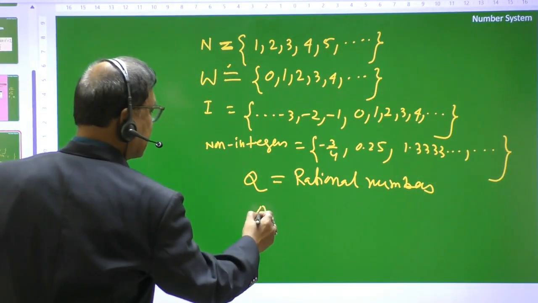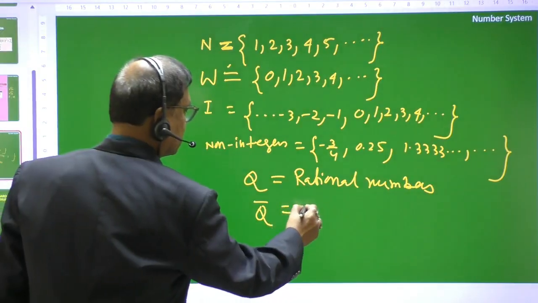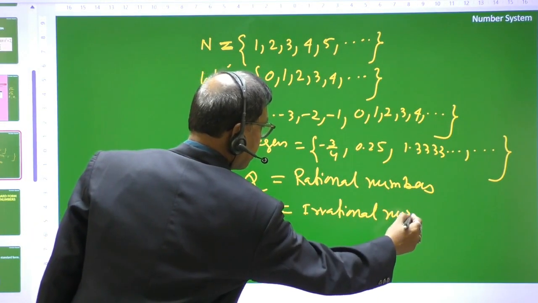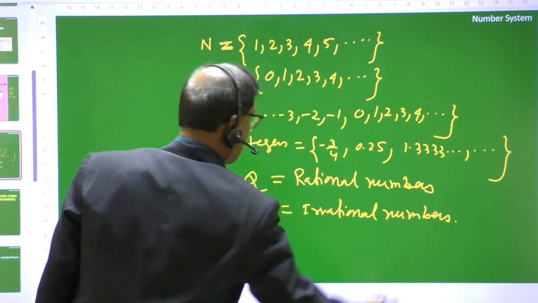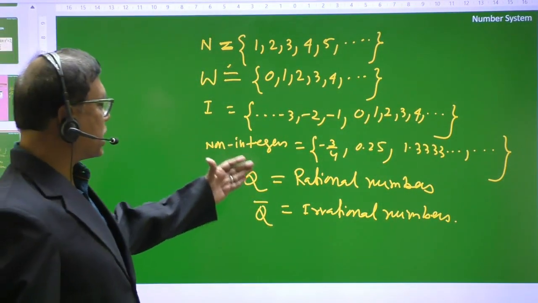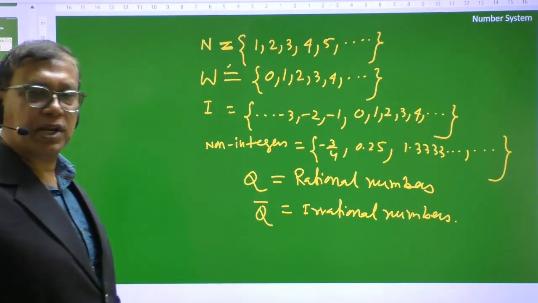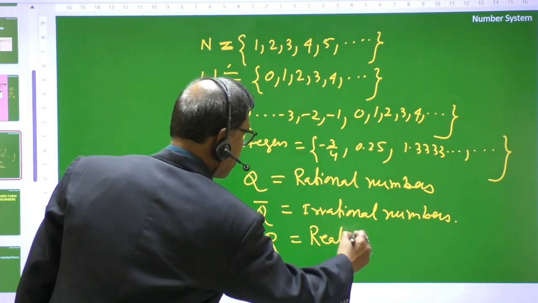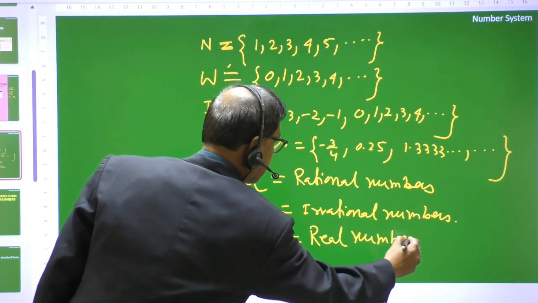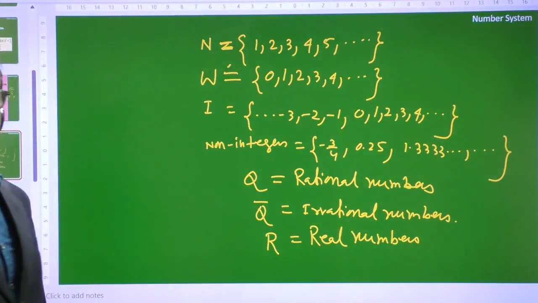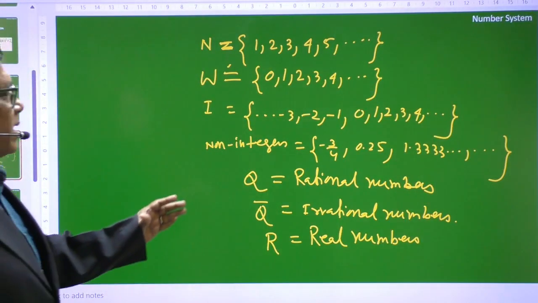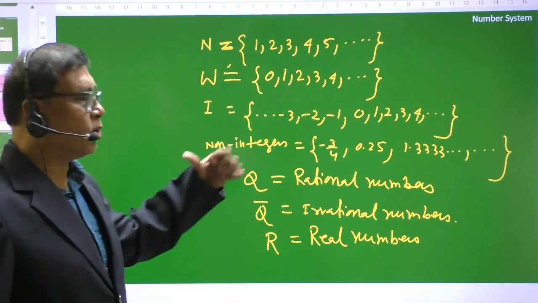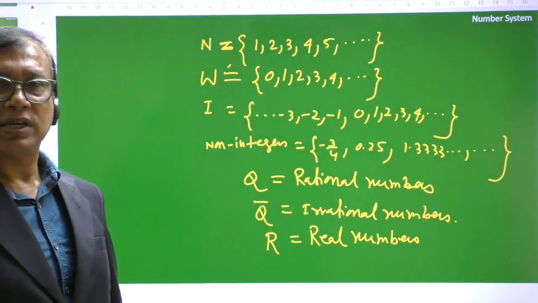Then irrational numbers, and finally when we combine rational and irrational, we get the real number system. Real numbers. Is it clear? So we have learned various types of numbers which we can use in our real life situations. Is it clear?